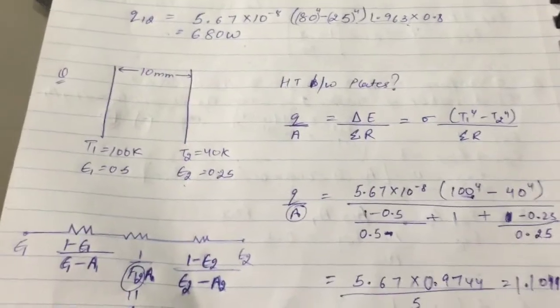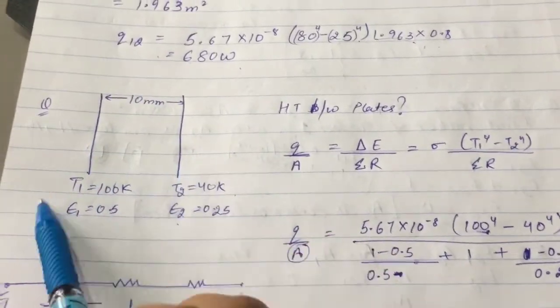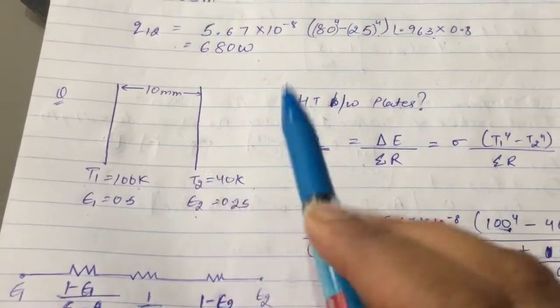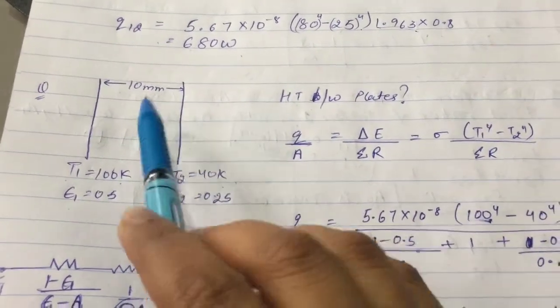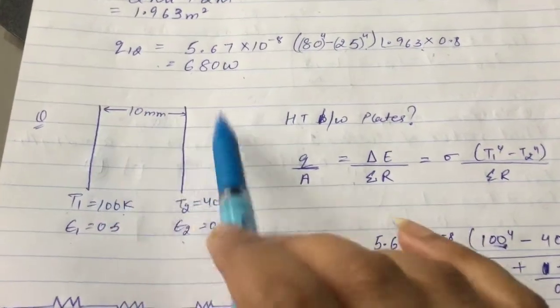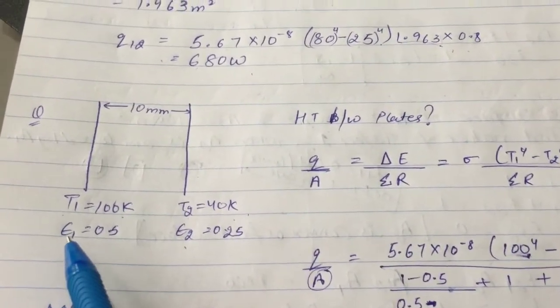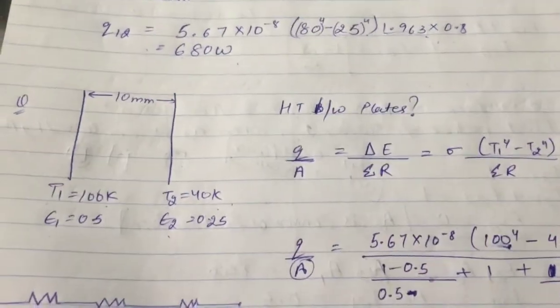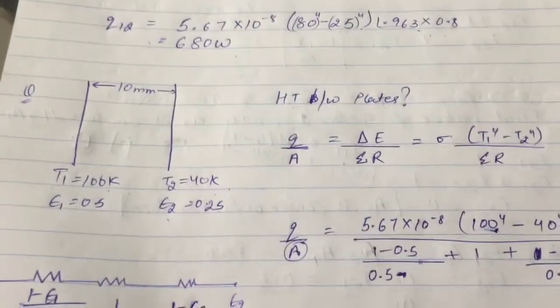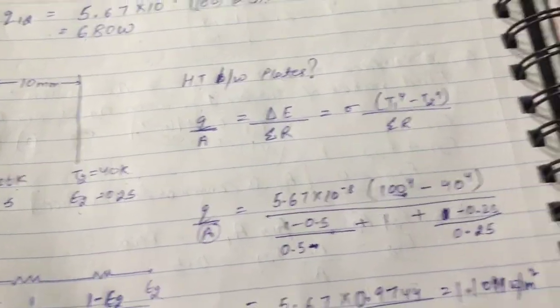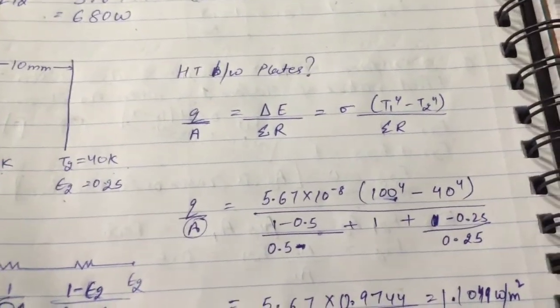Then the next question, two plates are given to us. Temperature 1 is 100 Kelvin, temperature 2 is 40 Kelvin, the distance between the plates is 10 millimeter, and emissivity for plate 1 is 0.5 and for plate 2 is 0.25. We have to calculate the heat transfer taking place between the plates.